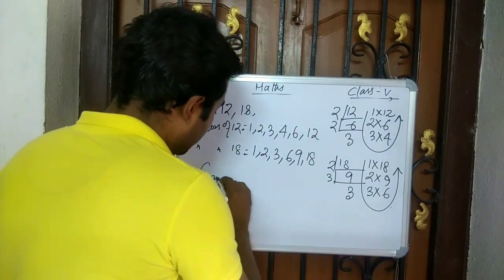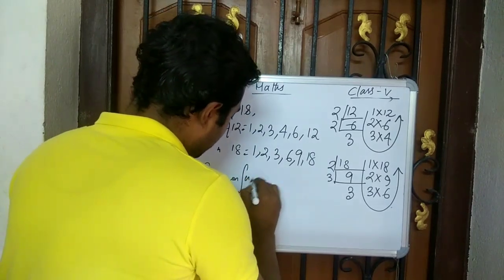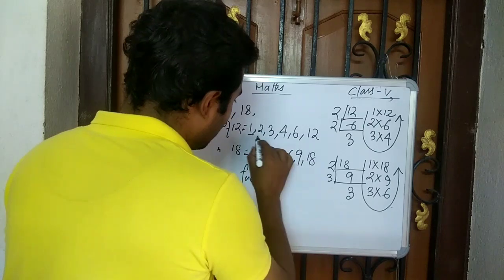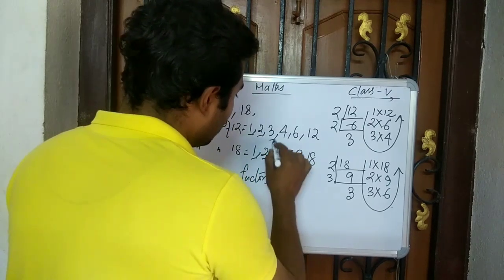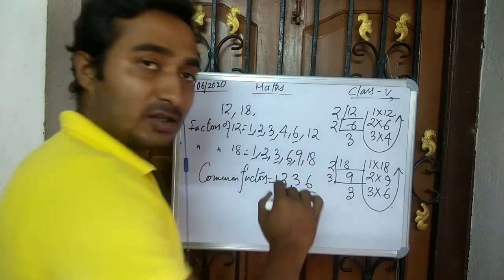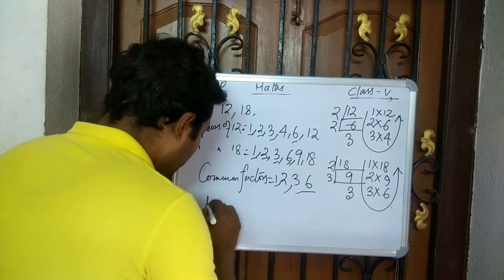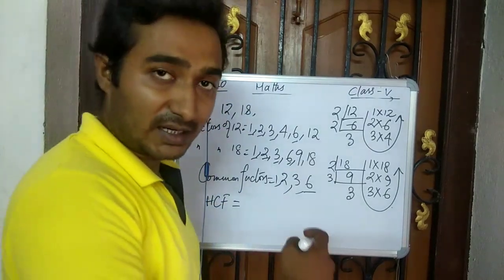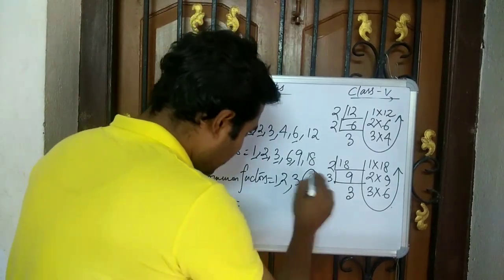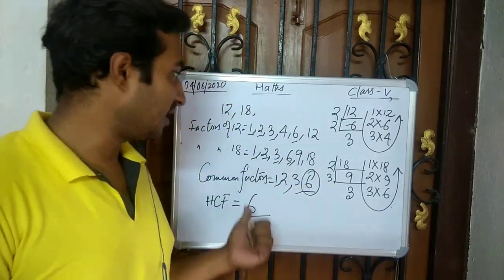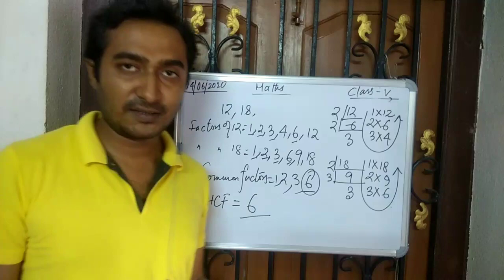The common factors are 1, 2, 3 and 6. Which is the highest one? HCF means highest common factor, so the highest common factor is 6. This is how we can find the HCF using the listing factor method.